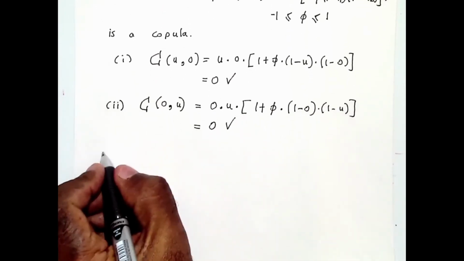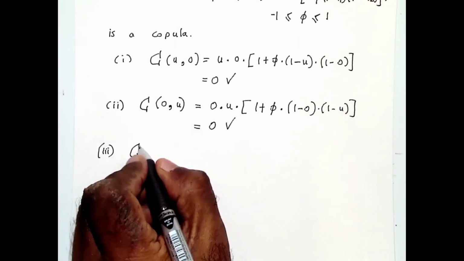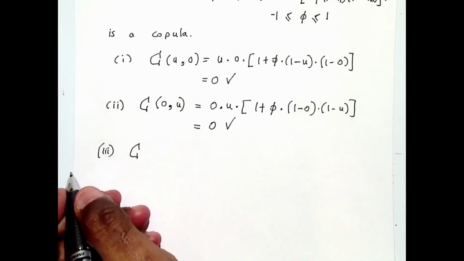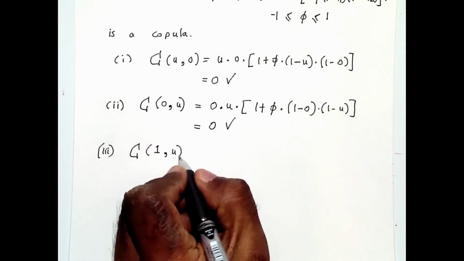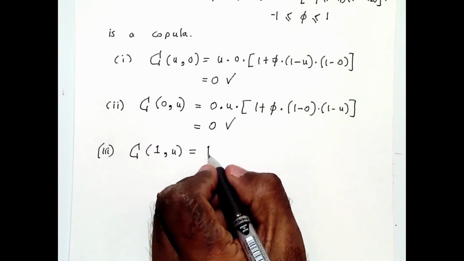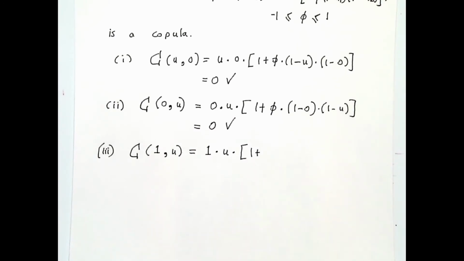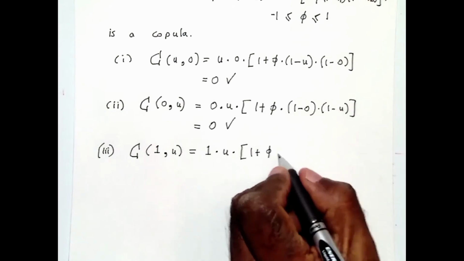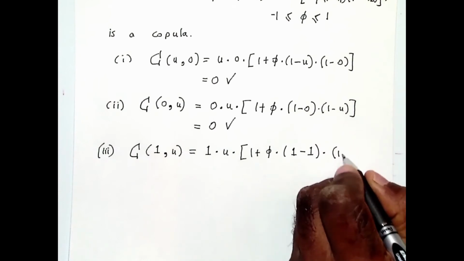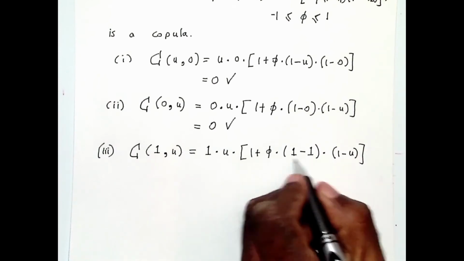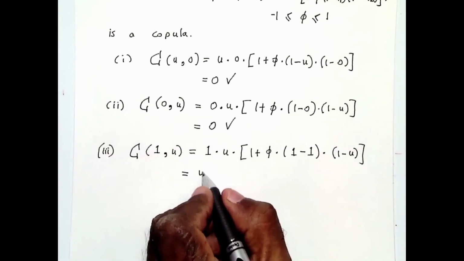Alright, condition 3. So you see at 1 comma u, this is going to be 1 times u times 1 plus phi times 1 minus 1 times 1 minus u. 1 minus 1 is 0, so this entire thing is 0, so you get this equal to u.